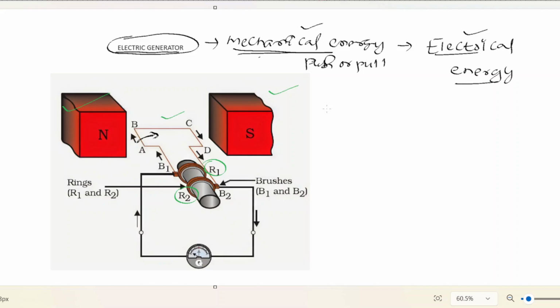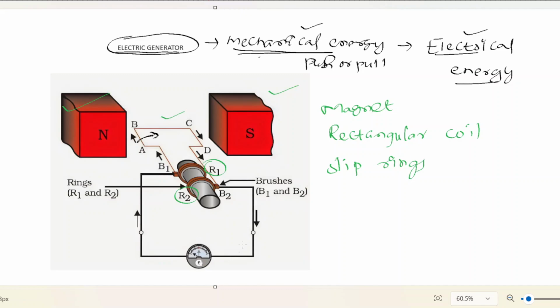So there are magnets, there is a rectangular coil, and there are full rings, or we call them slip rings.